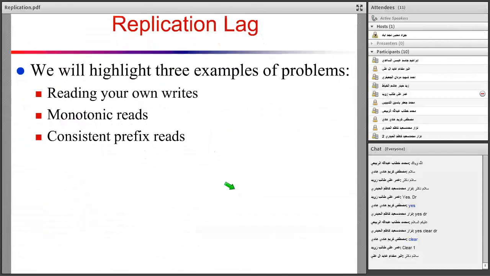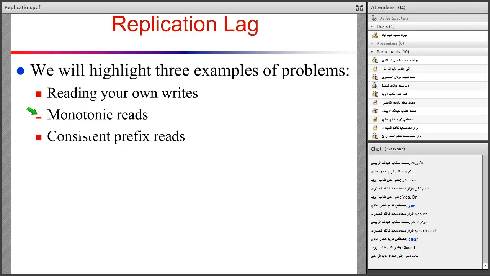Okay, we can highlight three examples of problems for eventual lag. First, reading your own write: when a client updates its information, and then wants to get its own write, it's possible that the client sees outdated information.